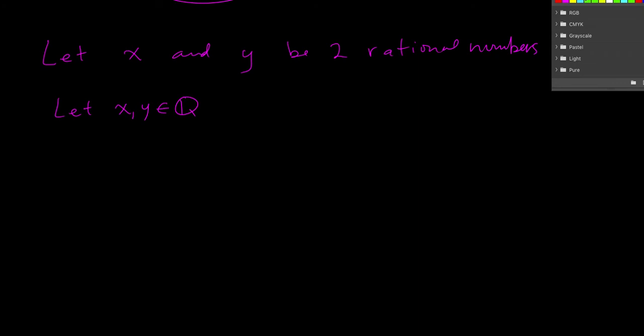By the definition of a rational number, we could say that p and q are integers, and q we're not going to let equal 0. And so x we could define as p over q.